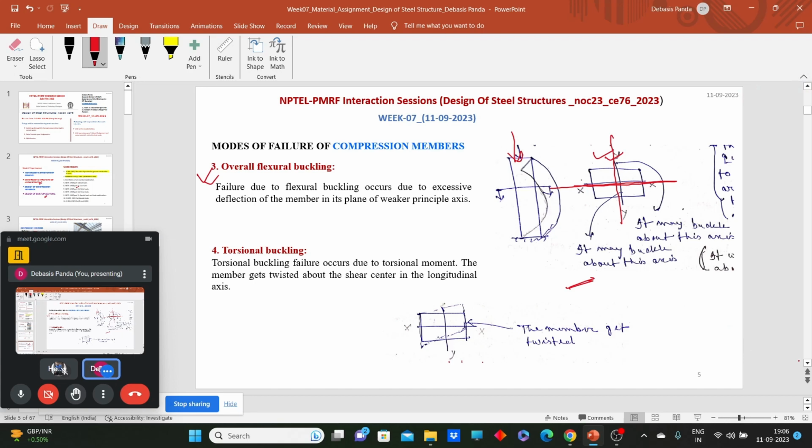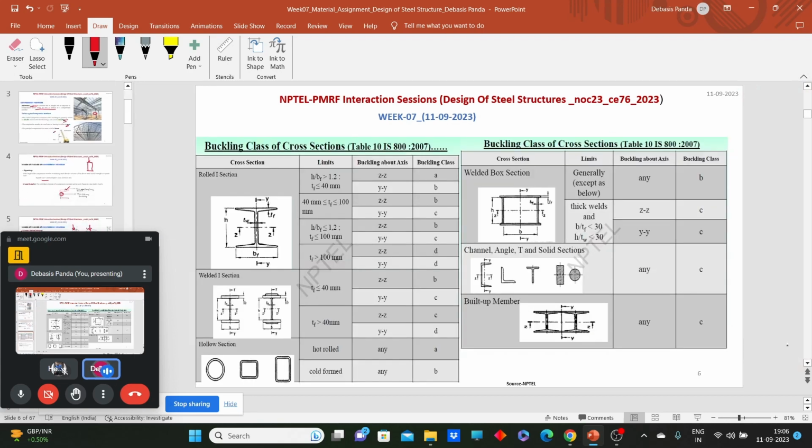To calculate the compressive strength, in the previous lecture we learned that we first need to find out under which buckling class that particular member comes. Different kinds of sections can be used as compression members, like I sections and channel sections. They can be single sections, and they can be built up ones.